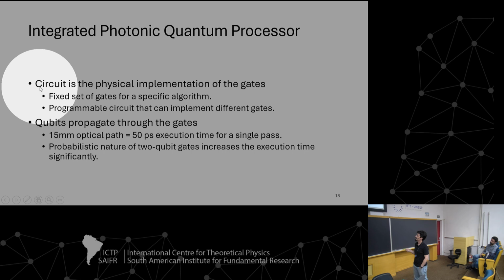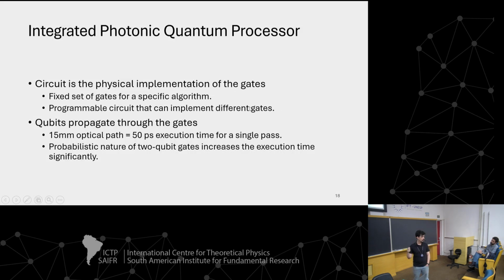So essentially what we have is a circuit that will implement the gates. You can have a fixed set of gates for a given algorithm, but you can reprogram to implement different gates. So in principle, you could implement different algorithms.